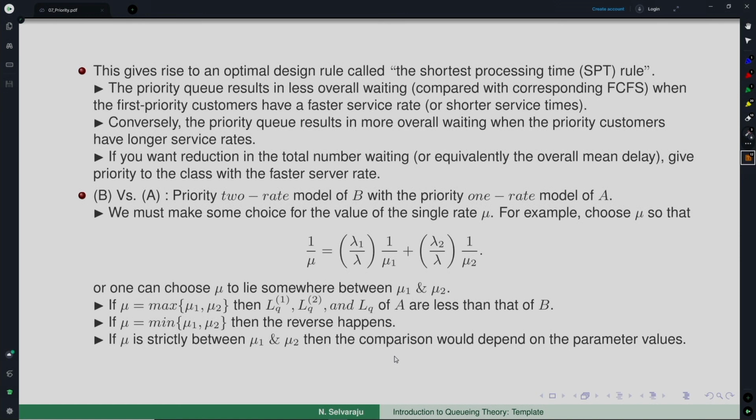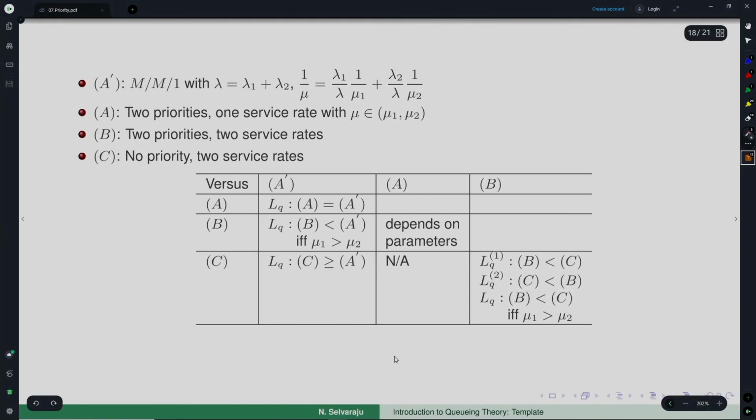So, you can do some such things, and this is a summary of this kind of comparisons, where we have also added an MM1 model with rate lambda as lambda 1 plus lambda 2 and mu as the weighted average of these 2 rates mu1 and mu2, which we call A dash now. So, A, B, C is as usual.